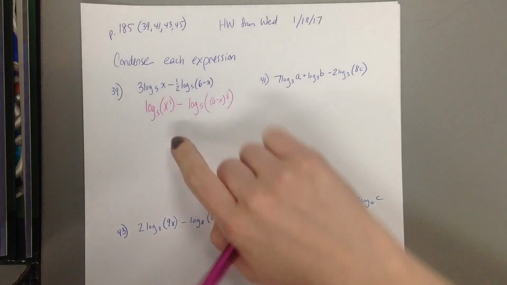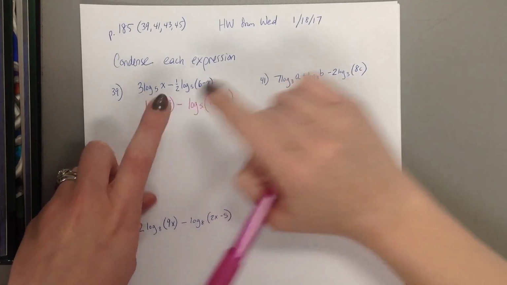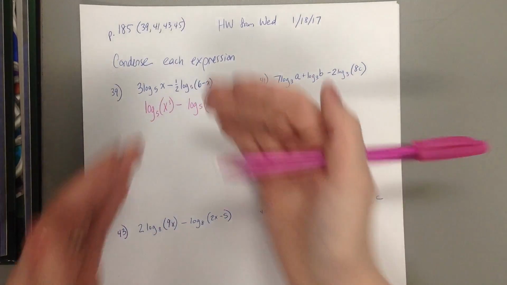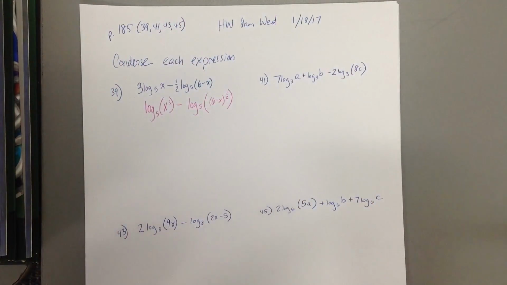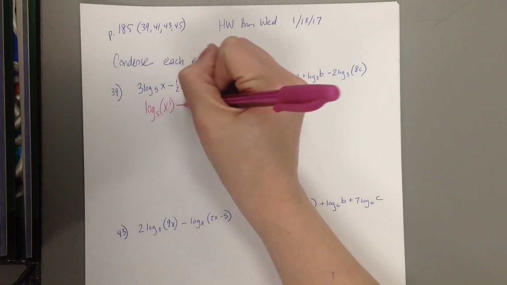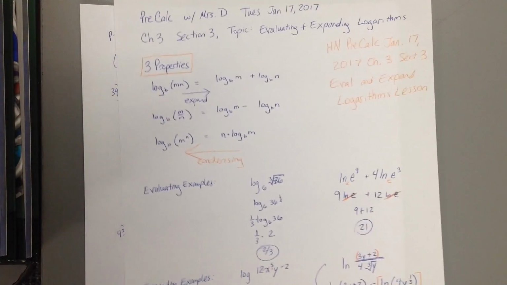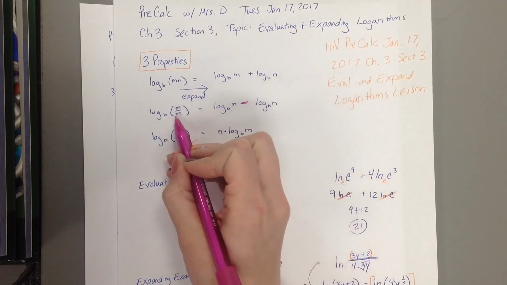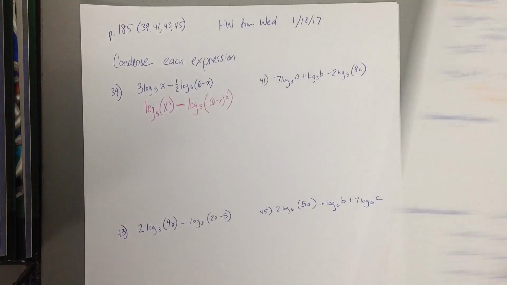The parentheses here aren't really important. They're honestly not important here either. I just like to put them there so I know that all of this is inside of my logarithm, just so it's clear. Now I see that this is a subtraction problem. One of my rules says that if I have a subtraction problem, I can condense this with division. So I'm going to do that.